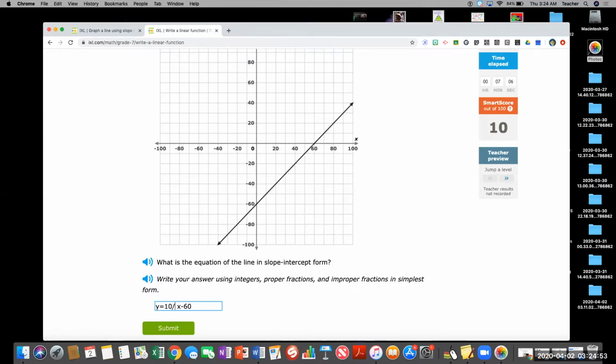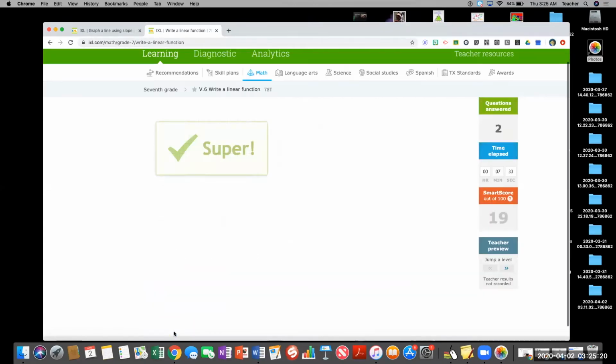I mean, I could write it out if you want to see it. 10 over 10 times x. Well, I can simplify 10 over 10, 10 divided by 10 is 1. y equals 1x minus 60. Well, if you just have 1x, you can just say x, okay? So the slope, you don't really have anything to write, okay? All right, so y equals x minus 60.